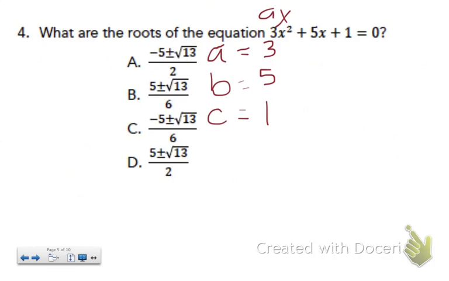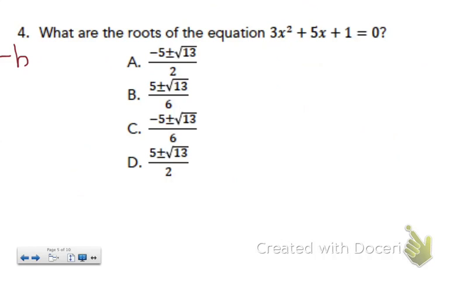Remember the coefficient of the squared term, the x term, bx plus c. And then, why don't I go ahead and plug it in. Okay, so remember my quadratic formula, negative b plus or minus the square root of b squared minus 4ac all over 2a.